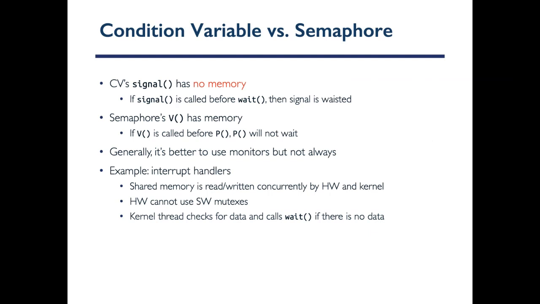So you have to suspend the signaler, you have to pick the one who gets the signal, and then you have to atomically transfer control to that newly awakened thread. Whereas in Mesa, it's easy to implement. You just make that thread ready and then leave the rest of it to future randomness.